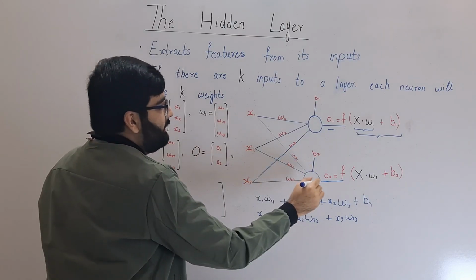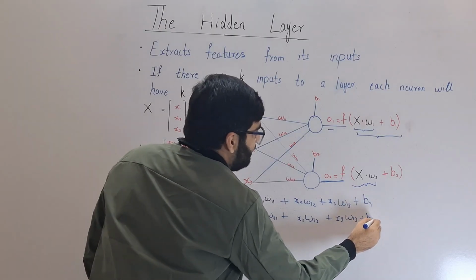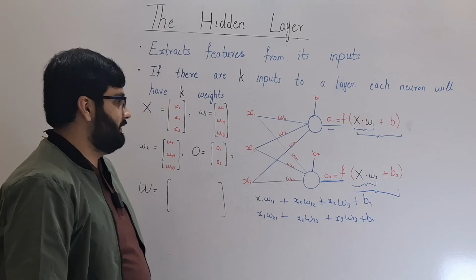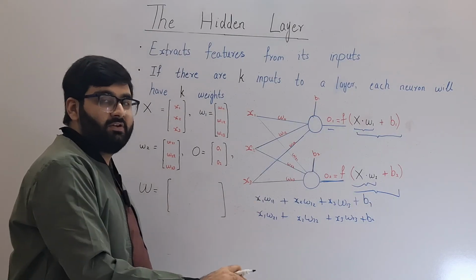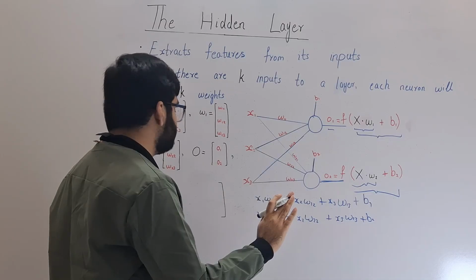And finally, after getting this term, I can add the bias to get this one and apply an activation function and get O2.